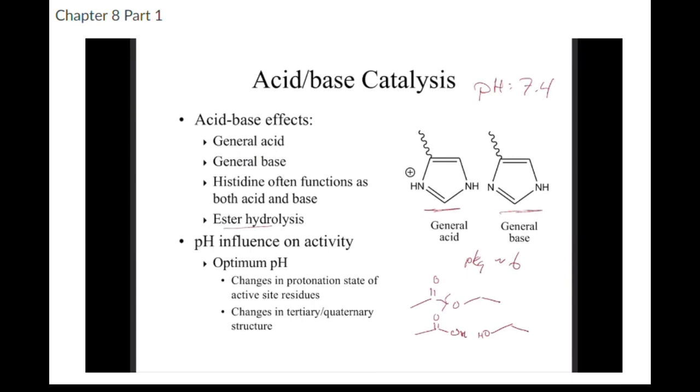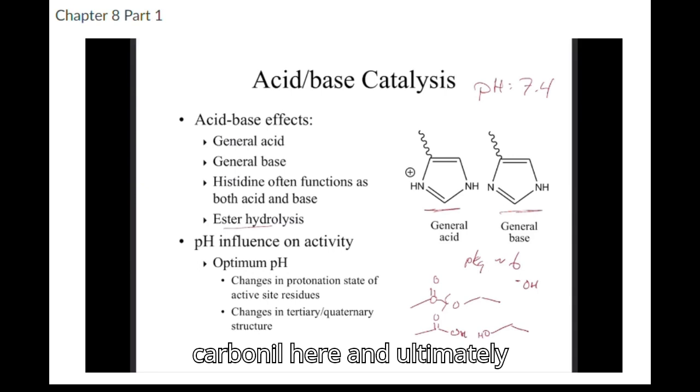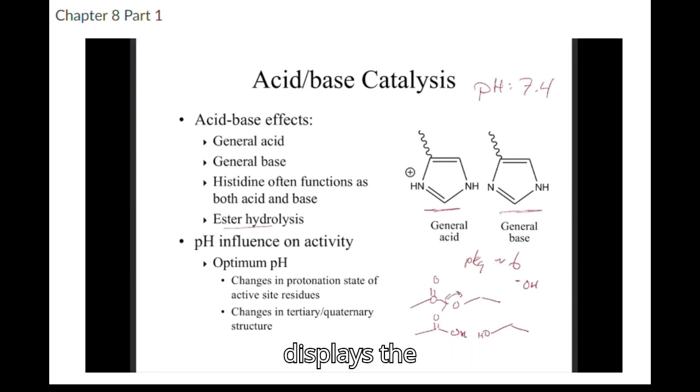We can, for example, add hydroxide. Hydroxide would attack this carbonyl here and ultimately displace the ethanol, or we can add an acid where the acid would protonate the carbonyl oxygen, and then that would allow a molecule of water to come in and attack that carbon.